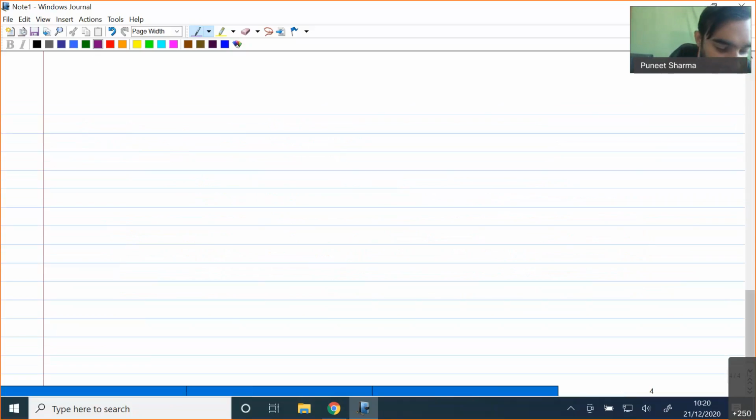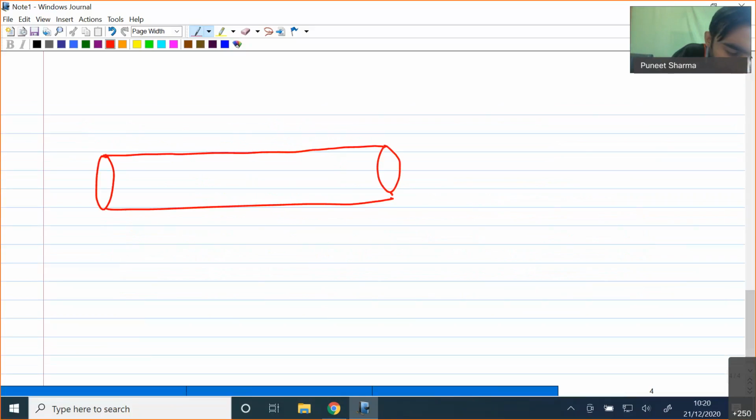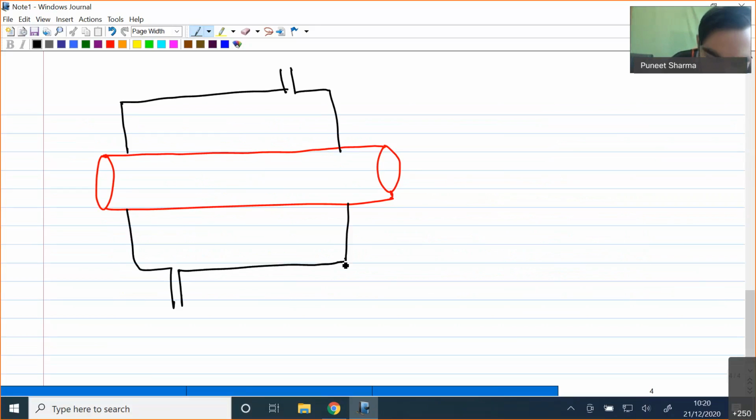Okay, one special case of heat exchanger I can take. So let me specify one special case. I may have the exact geometry of the heat exchanger as given in my previous slide, so once again I am drawing it over here. Along with this, over here I have some hot medium, and from here I have some cold medium.